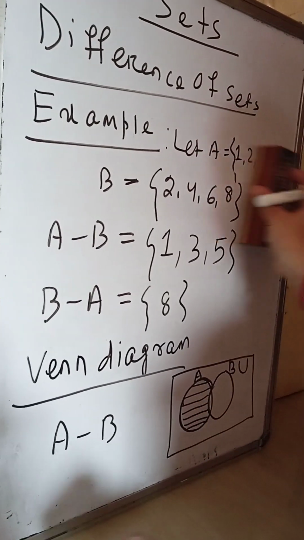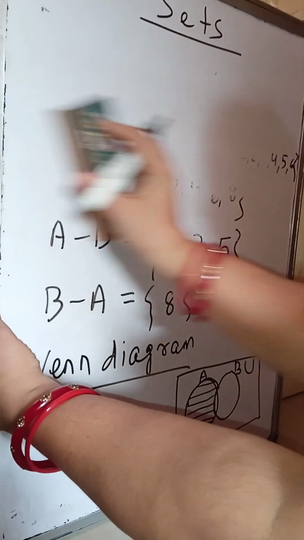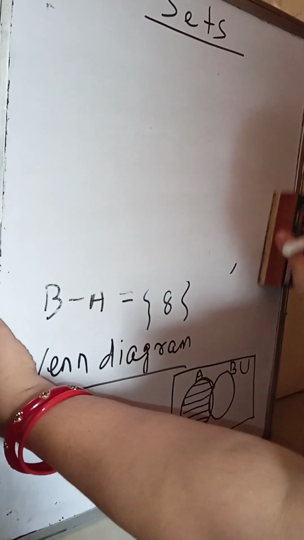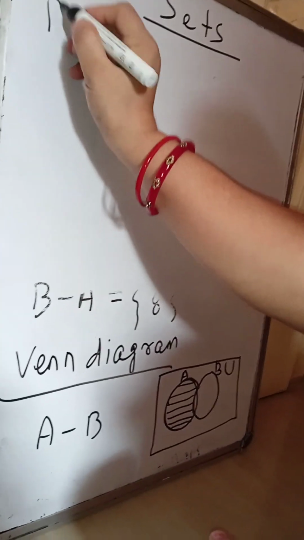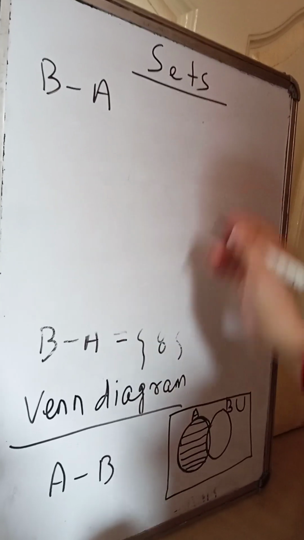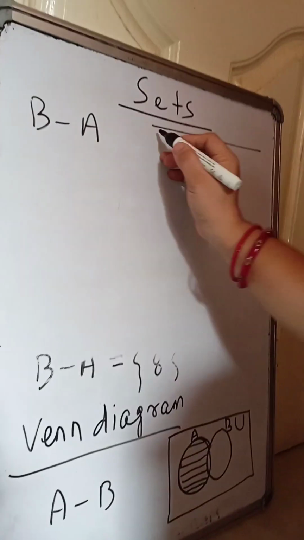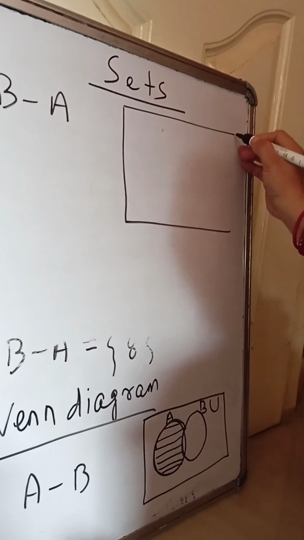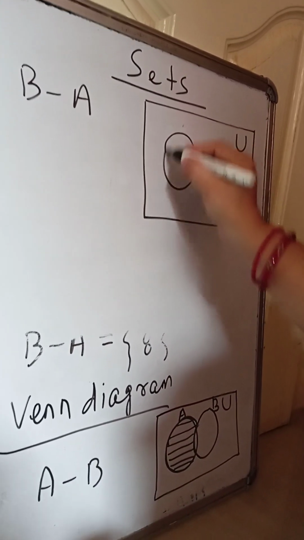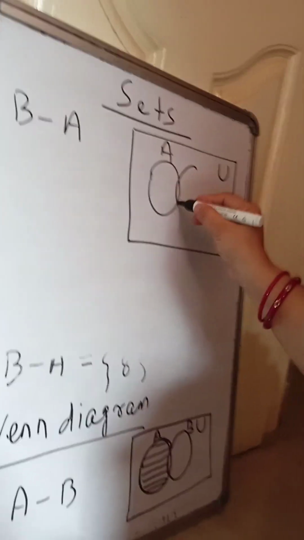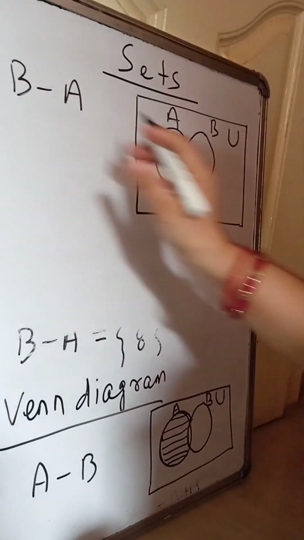Similarly, if you want to draw B minus A, this is very easy. I think all of you can draw. After drawing A minus B, let us draw the Venn diagram of B minus A. Here first our universal set U. A is a subset of the universal set, B is also a subset of the universal set. What will we draw here?